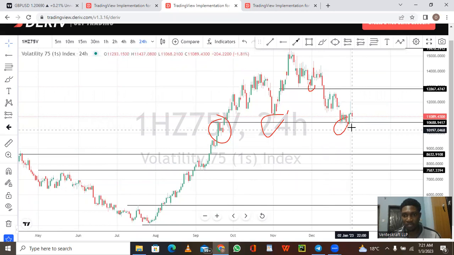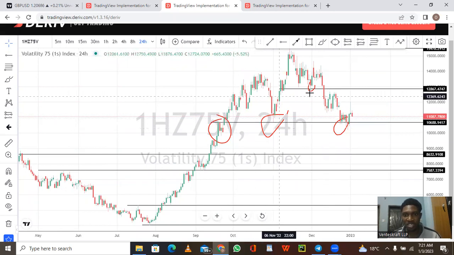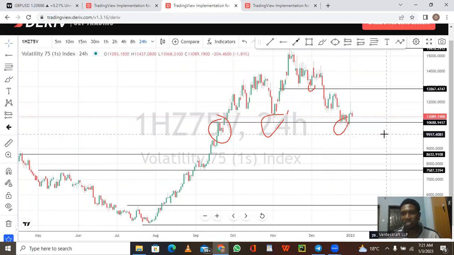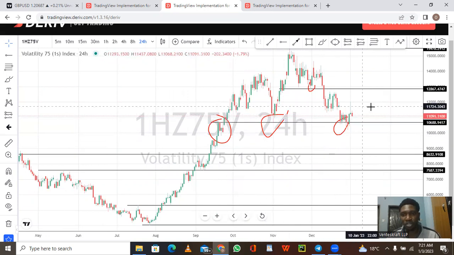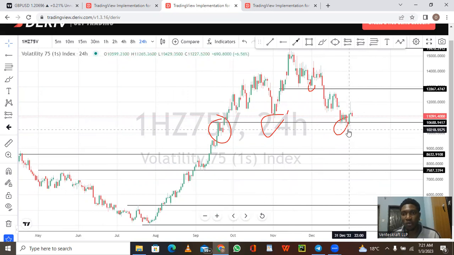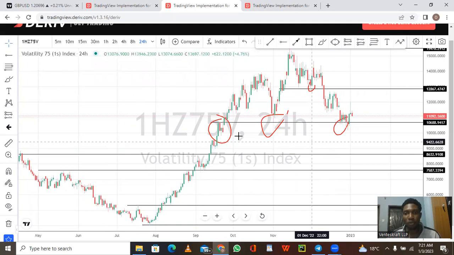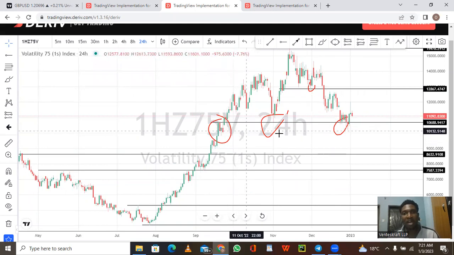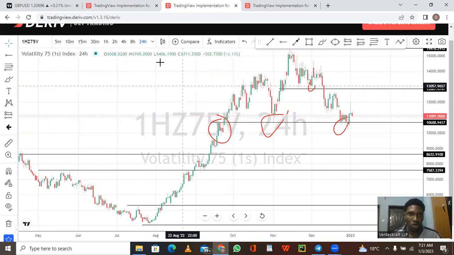Let's assume that you consider this place a very strong support, and now that the market is reacting to it, we want to make an entry. We don't have much information here, but when you come to the lower time frame, what you just need to do is mark out this zone. When you mark out the zone, go to your lower time frame.